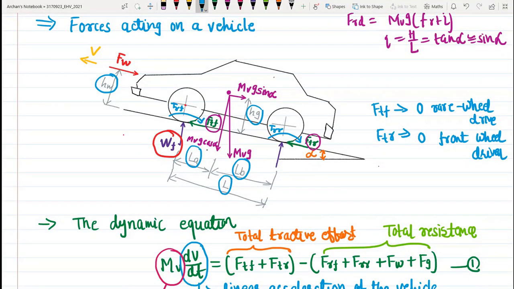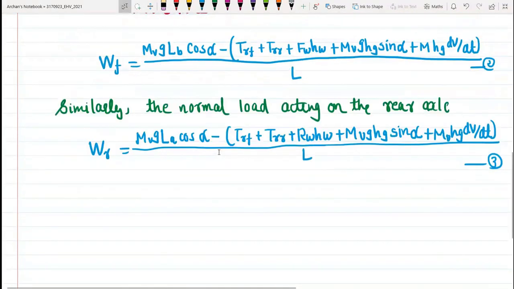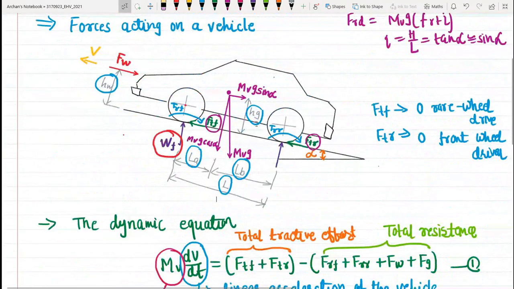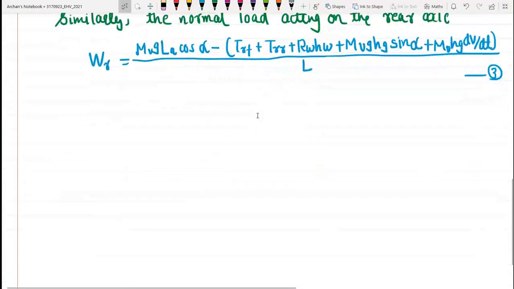So for passenger cars, the height of the center of application of aerodynamic resistance Hw is assumed to be near the height of the center of gravity of the vehicle, that is Hg, as I have told you over here. These two are the same, so Hw will be considered equal to Hg. Then in that case, we can further simplify equation number 2 and equation number 3.